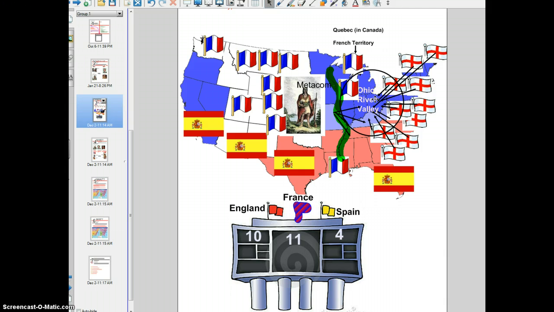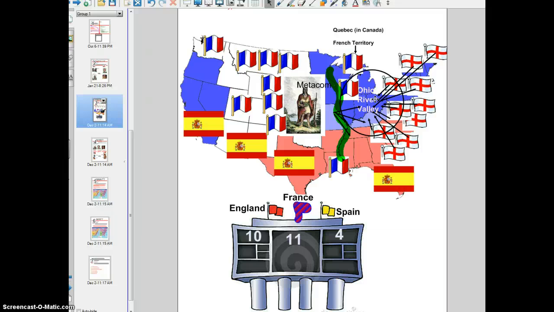It's going to cause great conflict, and it's going to start a war. One of the names for the war is the French and Indian War. Another name for it is the 7 Years' War. One thing that is not really referred to in the text that you use in social studies class is that this 7 Years' War, the French and Indian War, was a war that originally started in Europe, and it spilled over into America.